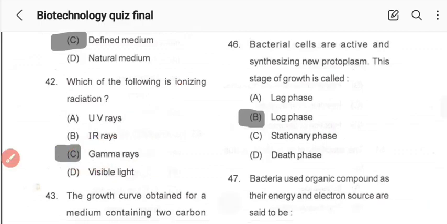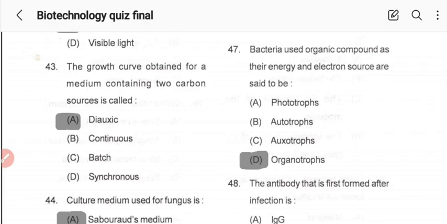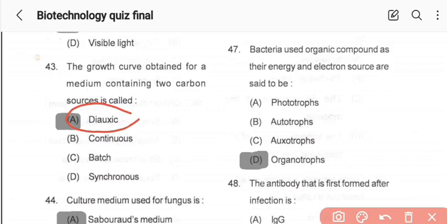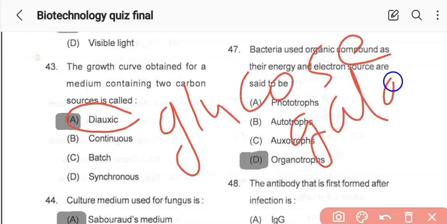Next question. The growth curve obtained for a medium containing two carbon sources is called diauxic growth curve. In this diauxic growth curve, two different sources of carbon, say glucose and galactose, are both present in one medium and microbes are grown in it.